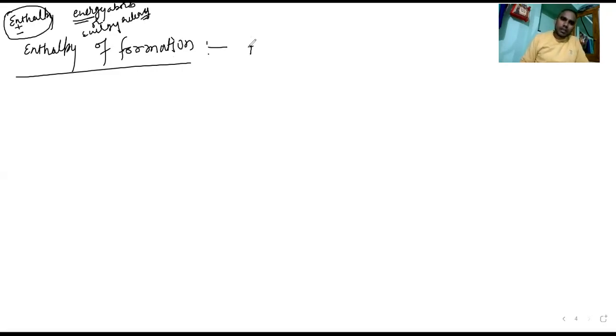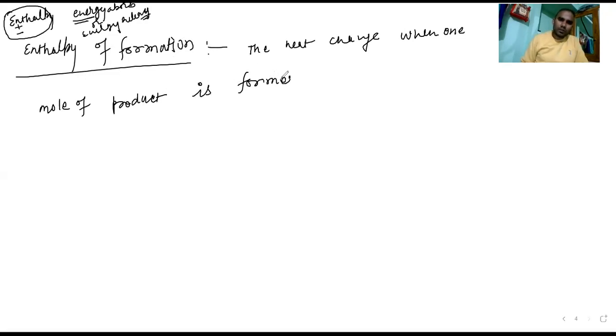It is the heat change when 1 mole of product is formed from its elemental state. That we have to keep in mind: from its elemental state.